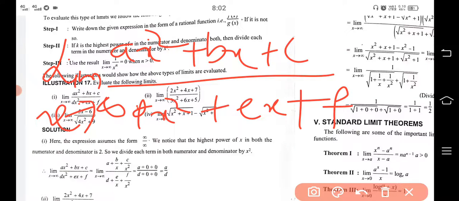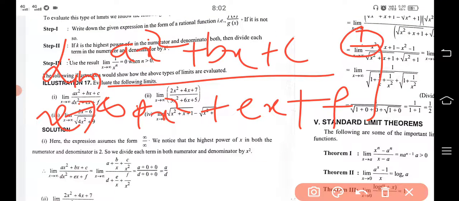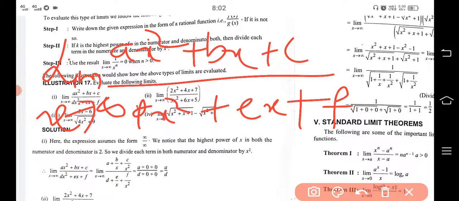So our first task is what? In the first step, if the function is not in rational form, then we have to transform it into rational form. But here the function is already given in rational form, meaning the p by q form, where q is not equal to 0, meaning this term is not equal to 0. Clear?